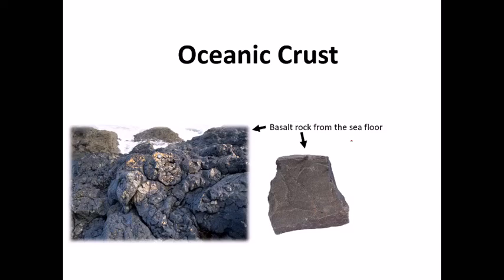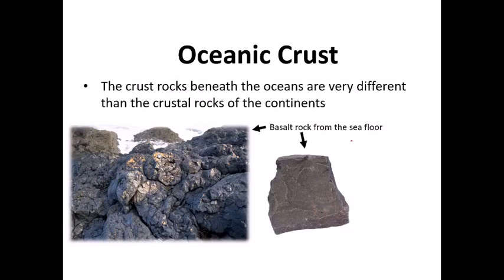If you go to basically any place in the ocean and you drill down, this is what you're going to find as the basis of the crust there. It's basalt and another rock, gabbro, but mostly basalt. It's a black, very plain looking igneous rock. And we're going to learn about igneous rocks a little bit later, probably next week or the week after.